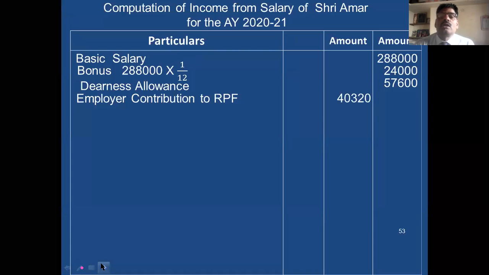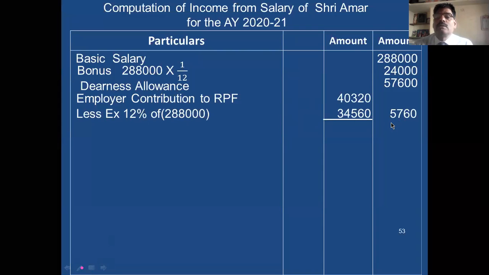Out of this, you deduct 12% of salary, 2,88,000. Here DA is not considered because the allowance is not eligible for retirement benefit. Specification is not given, therefore it is not eligible. So 34,560 is the deduction. The remaining 5,760 is the taxable contribution to RPF. Interest on RPF is exempted.